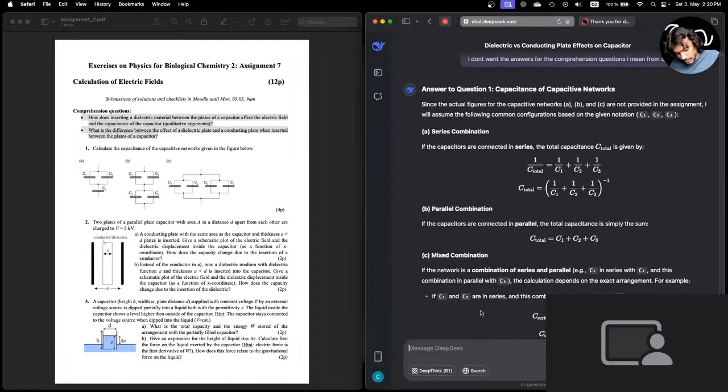C total equals C12 into C34 by C12 plus C34, which is C1 plus C2 into C3 plus C4 by C1 plus C2 plus C3 plus C4. That's B. Now the last part, C.